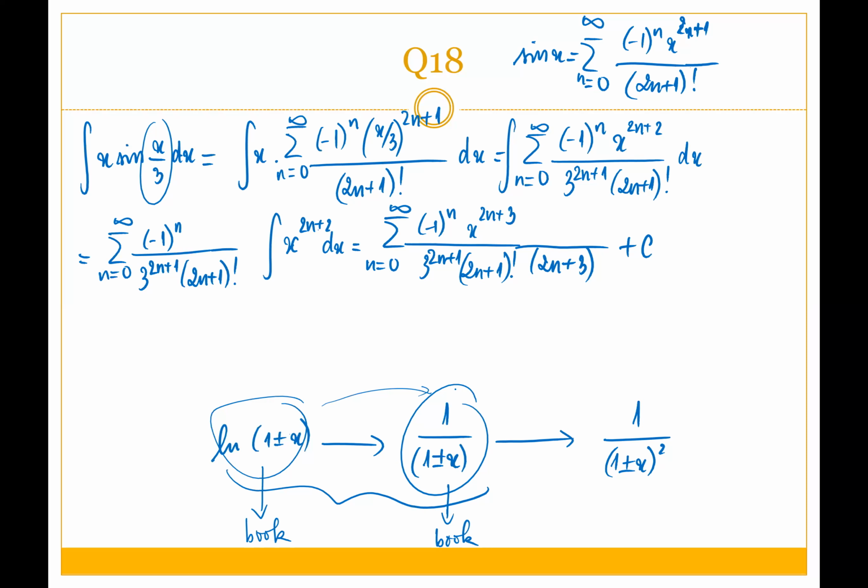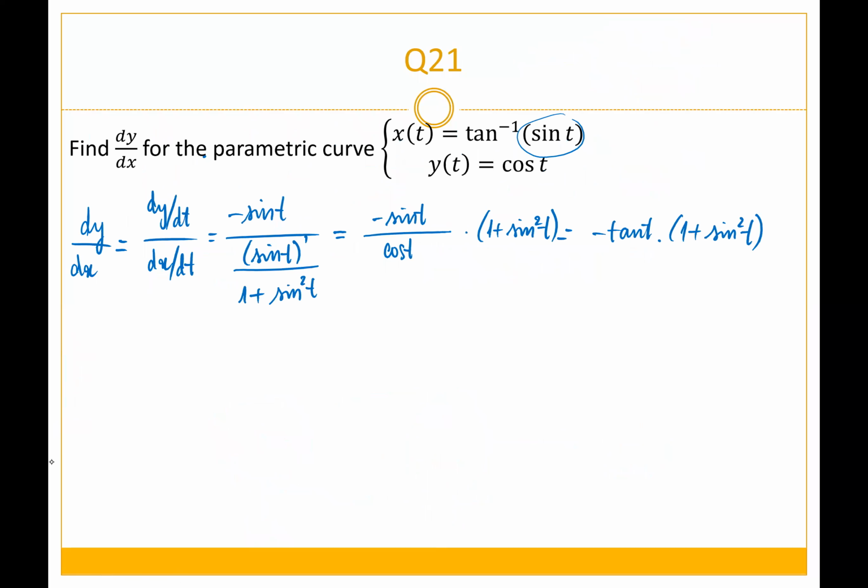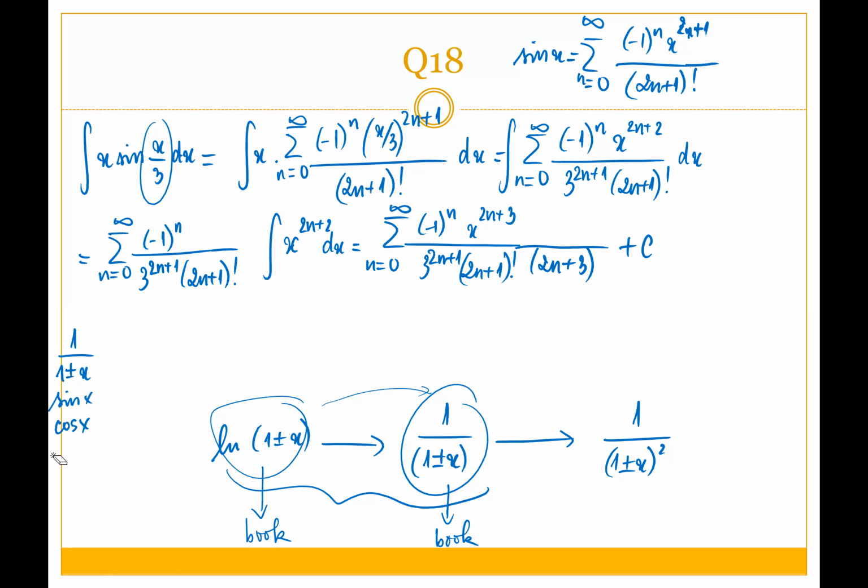The starting point for series like 1 over 1 plus or minus x, sine x, cosine x, and inverse tangent of x is where I have the starting point of n equal to 0.